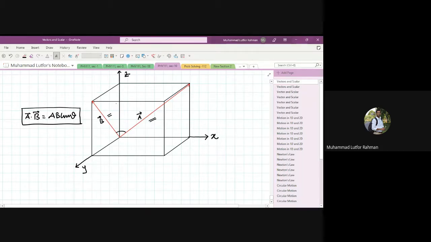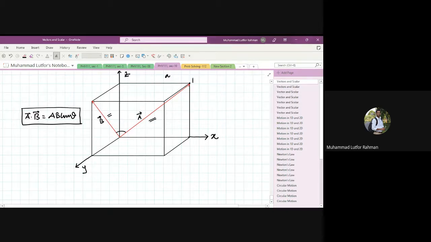I know all the sides of this cube are equal, right? So if one side is a, then all of the sides would be a.